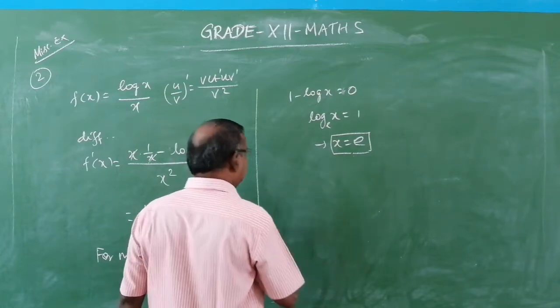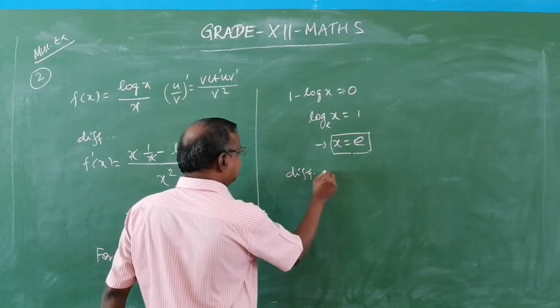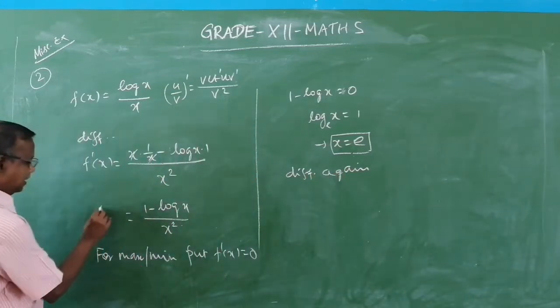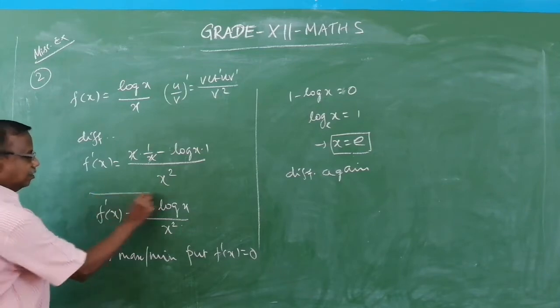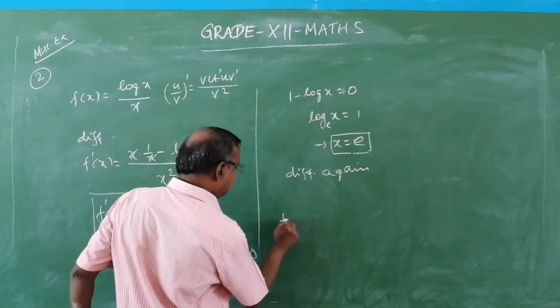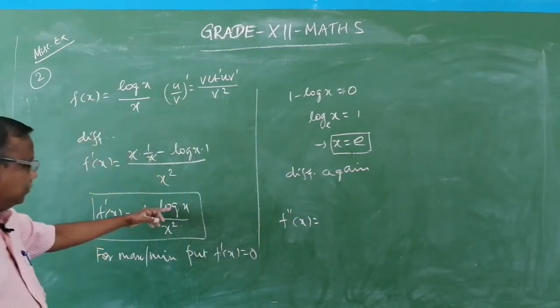Now differentiating again. So this is f dash of x. This function needs to be differentiated: f double dash of x equals, again in the form of u by v.